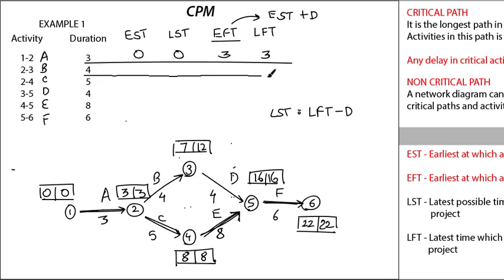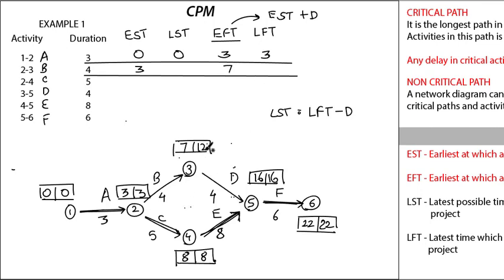Similarly for activity B. Activity B has 3, 3, 7, 12. So activity B's earliest start time is 3, and earliest finish time will be 3 plus 4, that is 7, right?